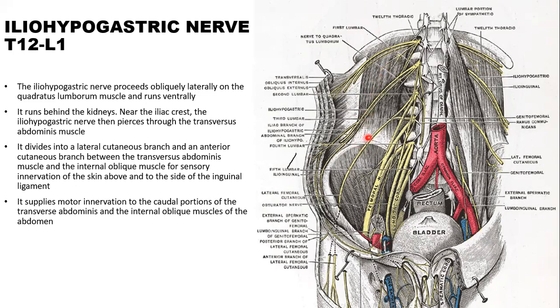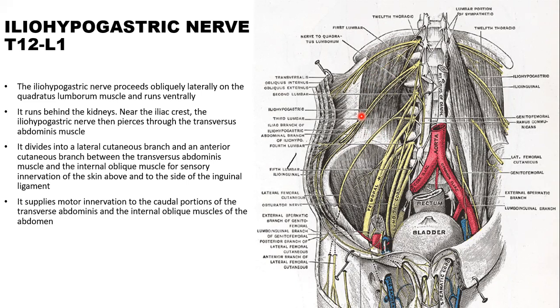From the iliac crest, it's going up there to the 12th rib and the transverse processes there. And this nerve runs obliquely on that muscle. Then what will happen is that it will run behind the kidneys.